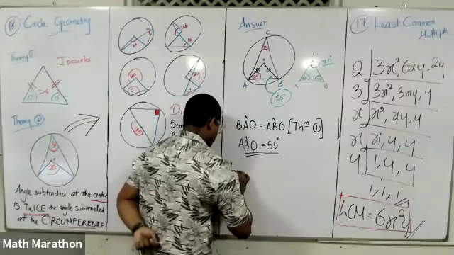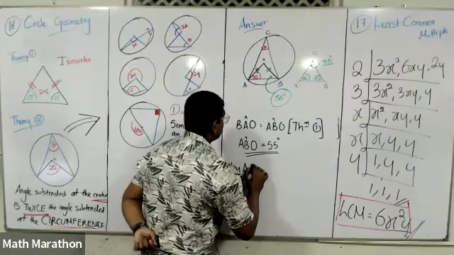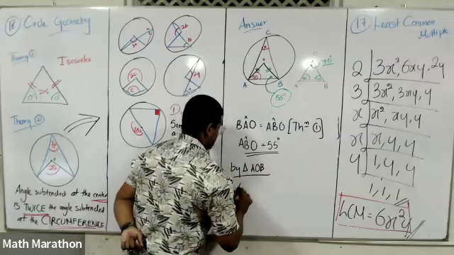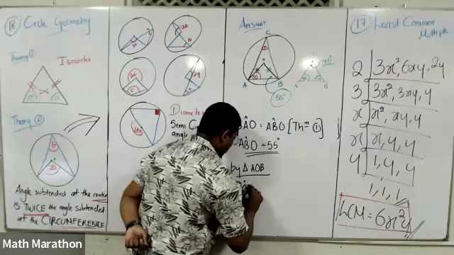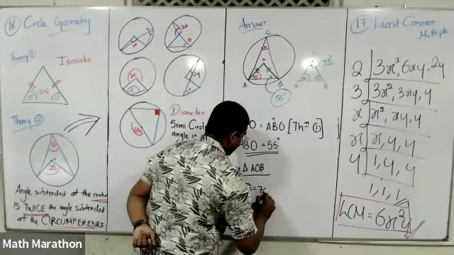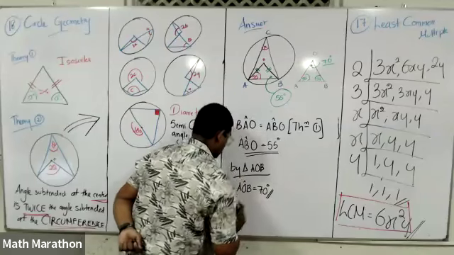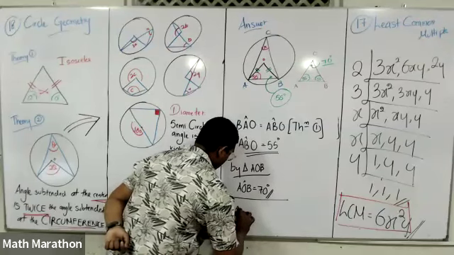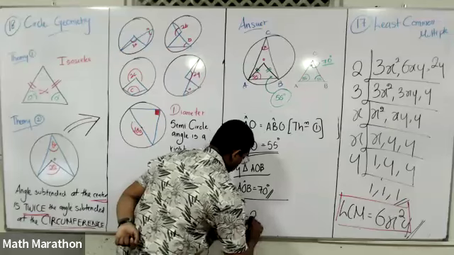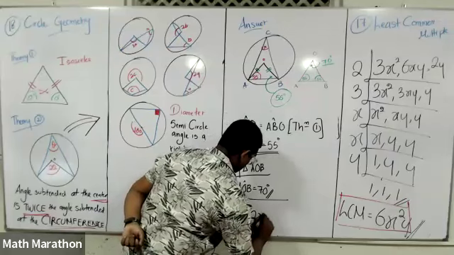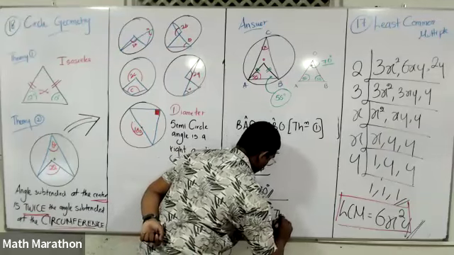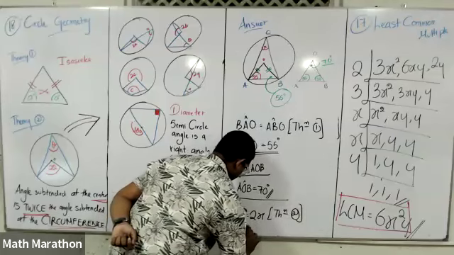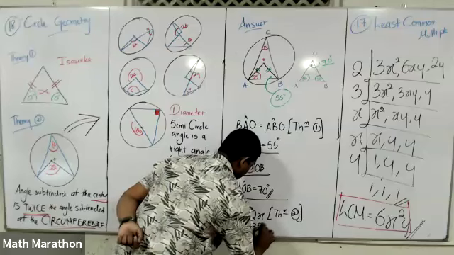The next one, by triangle AOB, angle AOB equals 70 degrees. Next, AOB equals 2 times x. Why? Theorem 2. So x equals 35 degrees.